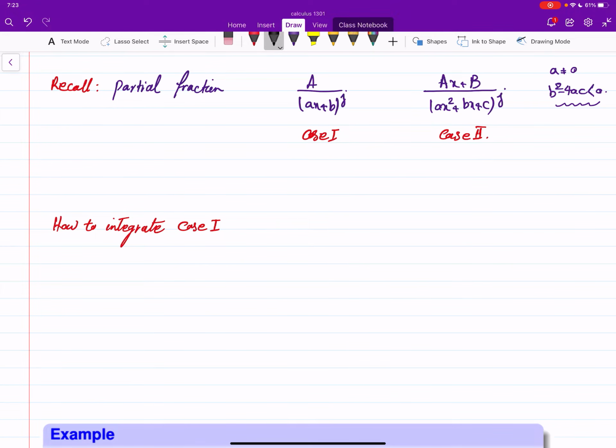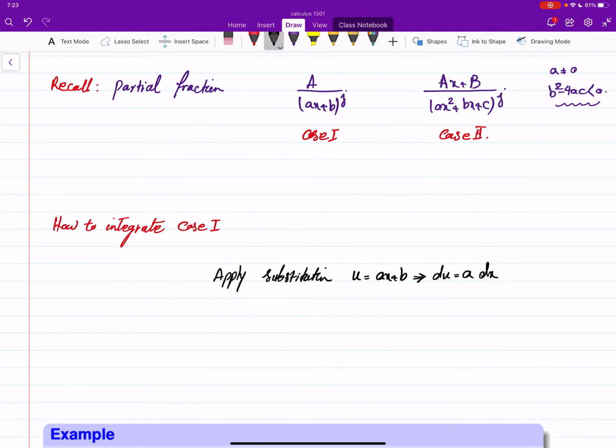There is only one thing you need to do: apply the substitution u equals ax plus b. Note that a and b are constants, so du is going to be just a constant times dx. Generating that is easy, and everything will go easily to the end.